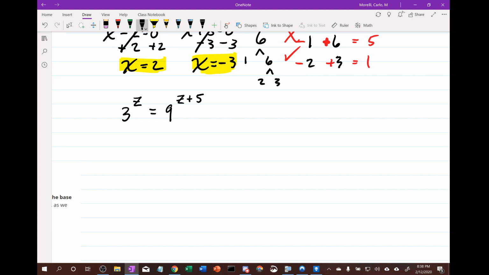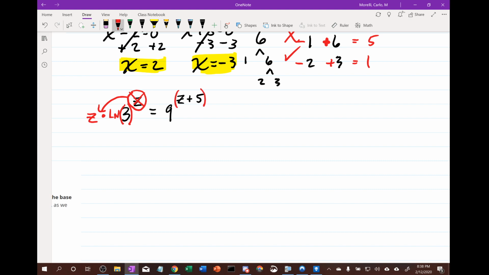So we could just follow this rule, and we'll do that. Okay. So we'll bring down the z. So z is going to go here, and it's going to be eliminated from the exponent position, and then we multiply that times the natural log of the base, which is 3. Okay, same thing's going to happen here.